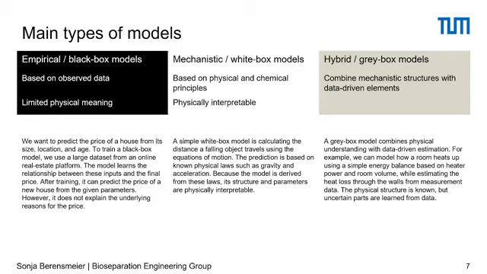Second, we have mechanistic models, also called white box models. This is the complete opposite. Here, this model is based on physical and chemical principles, which also means that the results are physically interpretable. The easiest example for this might be any mechanistic equation. Let's say you want to describe the speed or the distance that a falling object is traveling using the equations of motion.